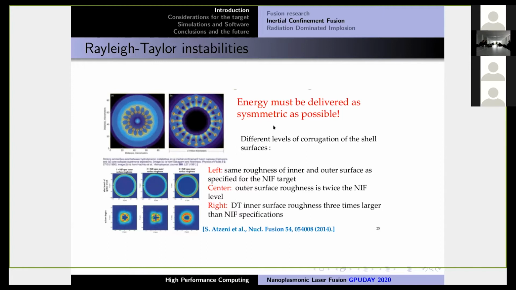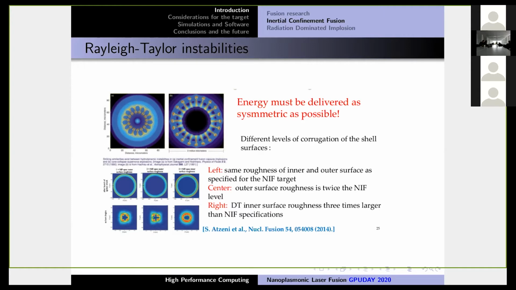However, the research and the development is hindered by Rayleigh-Taylor instabilities, partly because the energy cannot be delivered symmetrically, as in theory, to every point of the target.